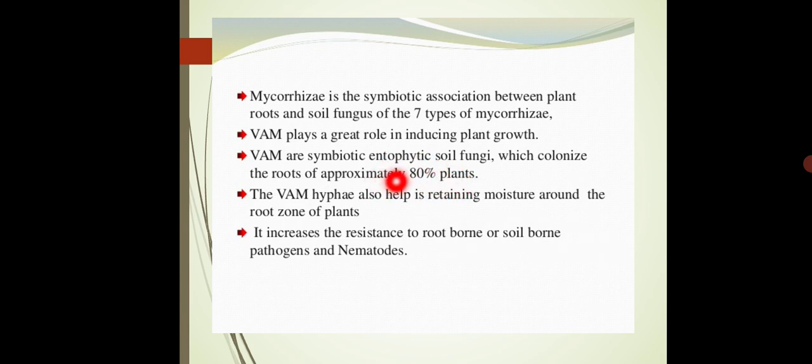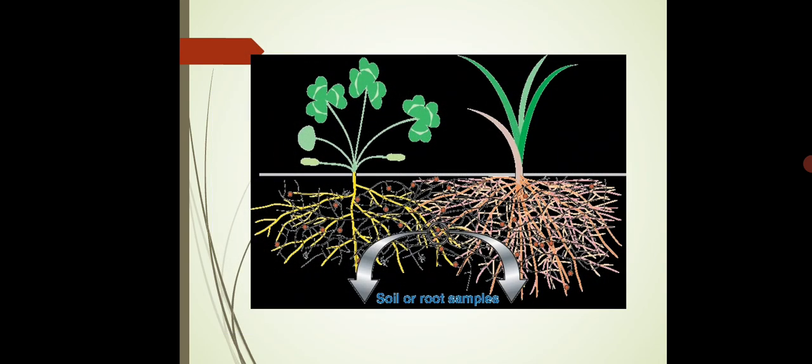They are endophytic soil fungi that colonize the roots of approximately 80% of plants. So their habitat is the roots, and 80% of plant roots are occupied by VAM. How is it occupied?